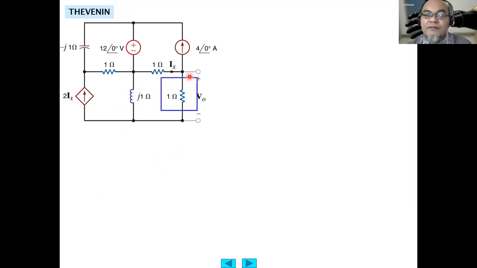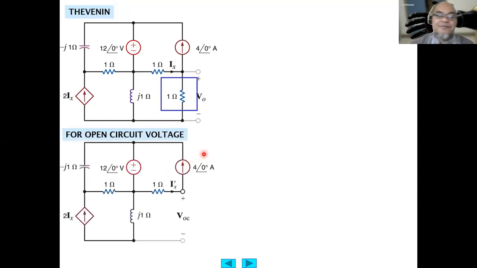So we have to find the VOC, the open circuit voltage between this terminal and this terminal, and then find the ISC, the short circuit current, and then find the Thevenin equivalent resistance by dividing the Thevenin equivalent voltage VTH by the ISC.